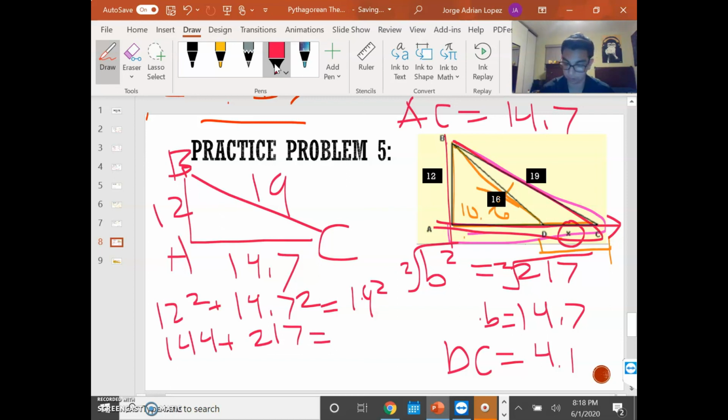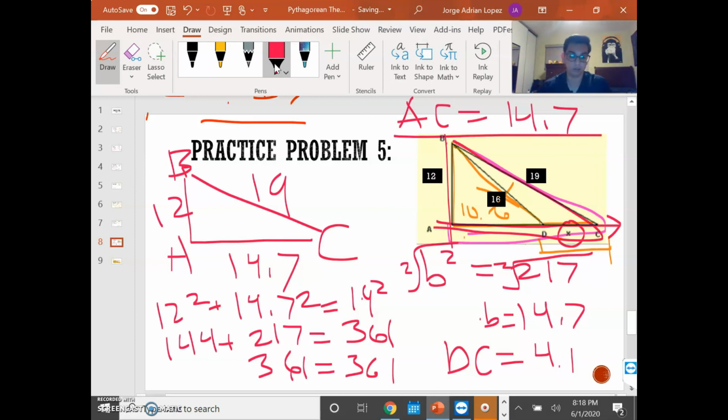Let's round it up to 217. 19 squared, that would be 361. 144 plus 217 is 361. So we got it right. A to C is 14.7.